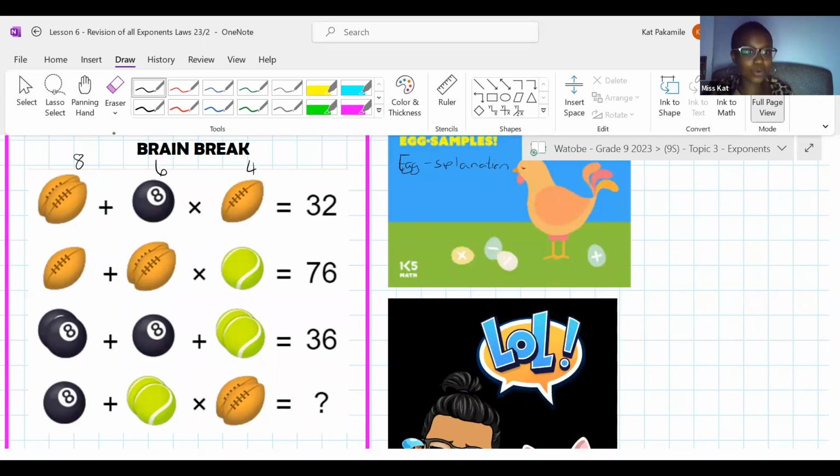So 6 times 4 is 24, plus 8 is indeed 32. So rugby ball is 4, guys.